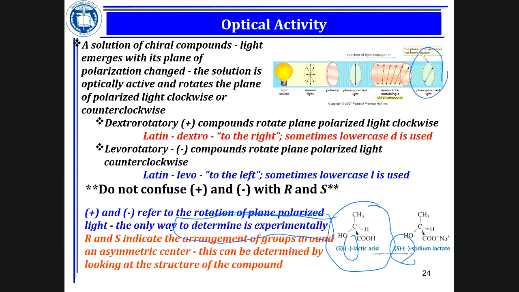So the light is divided in half. One half goes through the sample and the other goes straight without passing through the sample. This way you have a point of reference to check. Like if the light is blocked and then you rotate it, you see how much you have to rotate to see the light on the other side. You will see how many degrees you have to rotate.